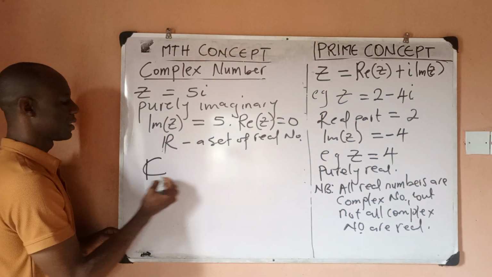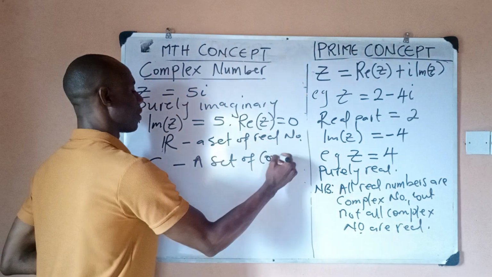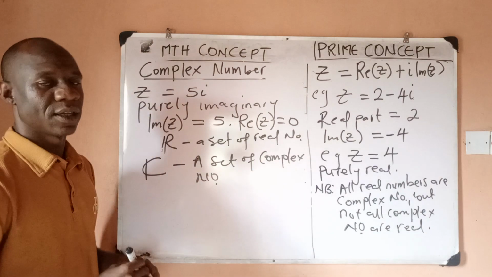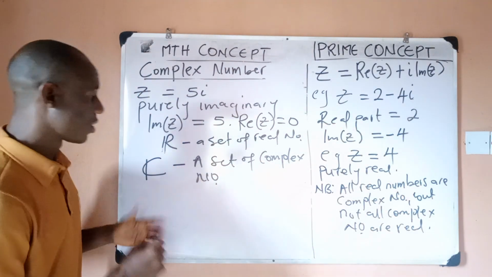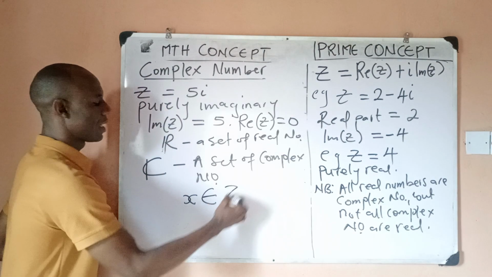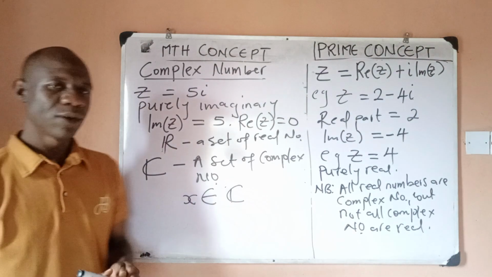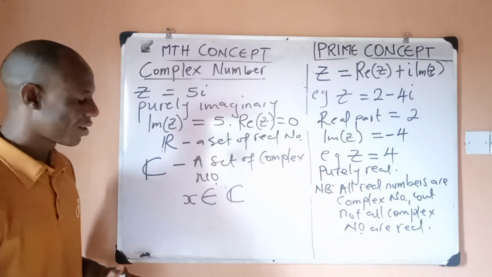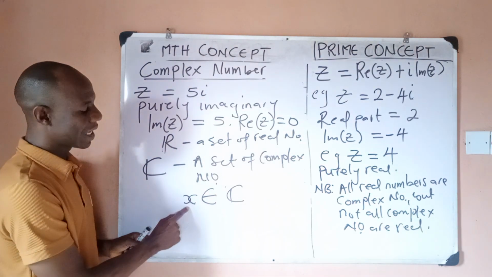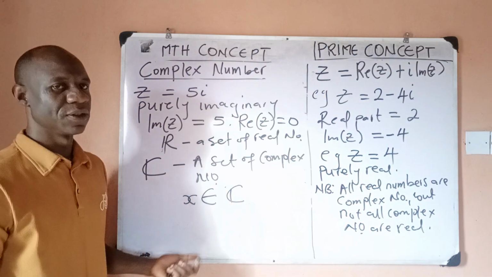So when you see something like this, it means a set of complex numbers. So if I say, let's say x is a member of this, how would you interpret it using the set notations I've given? You would simply say that x is an element, or x is a member of the complex numbers. That's what it means, right?